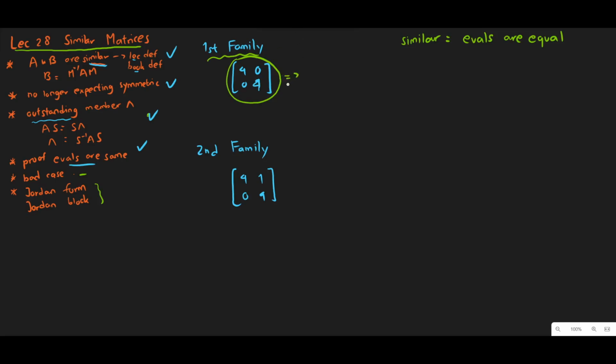Even if you have any arbitrary invertible matrix M, and this is simply 4 times the identity, right? Even if you multiply on the left by M inverse, and then on the right by M, you will only end up with this times this, and you will always end up with 4 times the identity.